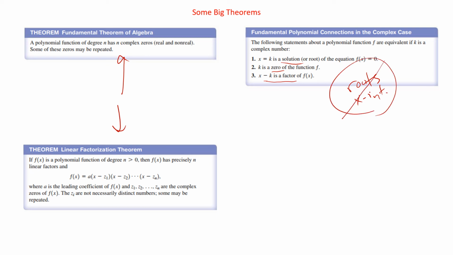We don't have those because the complex roots we get with things like this don't cross the x-axis, so there is no x-intercept, and that's what a root would imply. So when we're talking about the complex solutions, we just don't usually refer to them as roots or x-intercepts because it just doesn't make sense in context, even though they are actually the same thing.